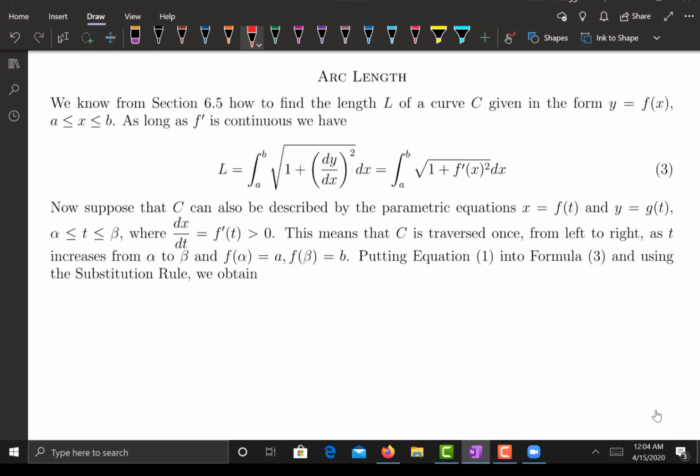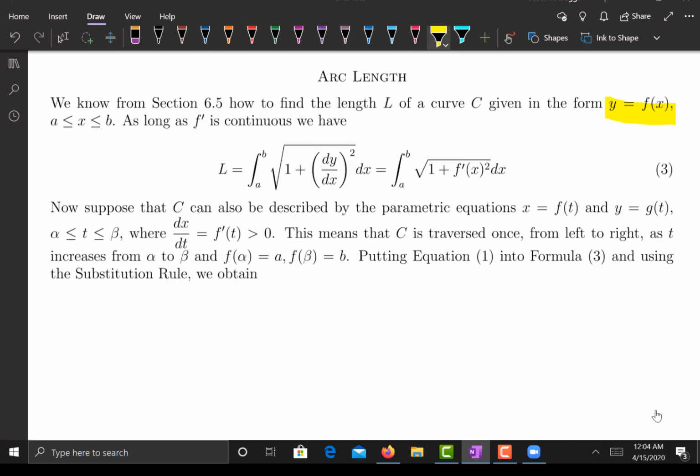Here's how. First, I'm given a function of the form y equals f of x. Now I'm going to say that I could rewrite this curve in terms of parametric equations.